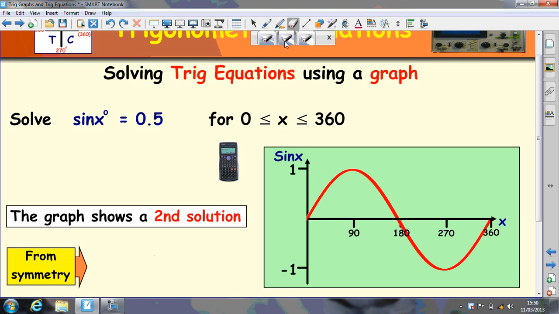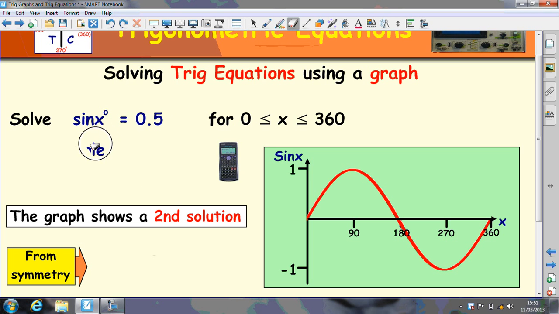So the first thing to do is, you need a scientific calculator for this, is to work out what x is. Now when we're doing that, we inverse sine 0.5, you do the opposite of sine, which is undoing it. That's the inverse sine.